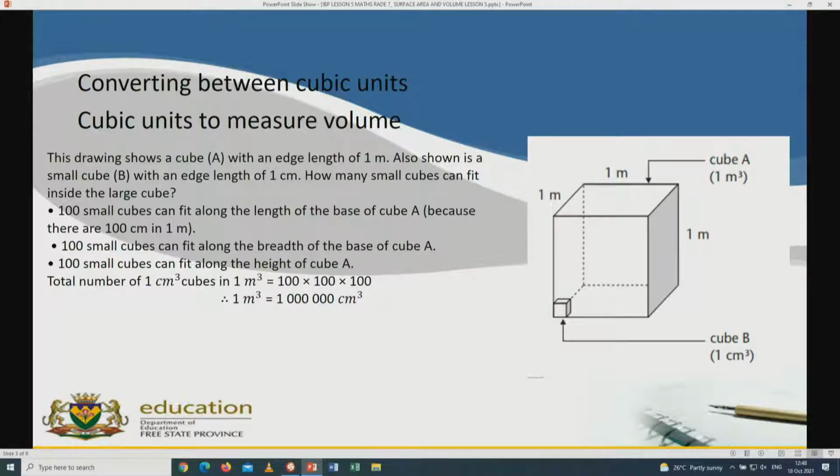Now, the total number of 1 cubic centimeter cubes in 1 cubic meter will be the same as 100 multiplied by 100 multiplied by 100.